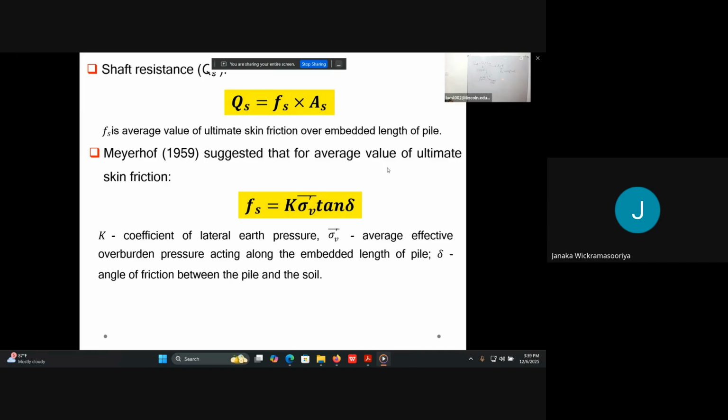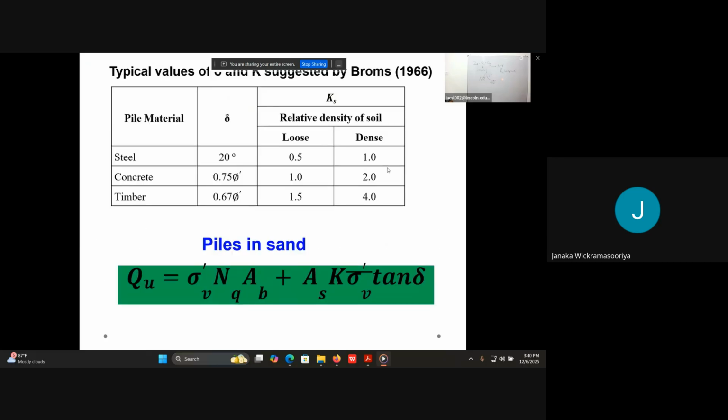Right? Then for the piping sand, this Qs plus Qp can be written like this.